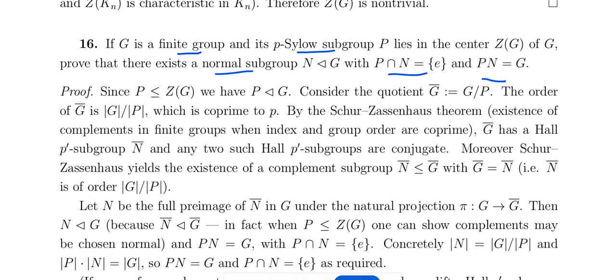Then there exists a normal subgroup that intersects with P only in the identity element, and the product of the normal subgroup and P should be equal to the given finite group G. Okay.